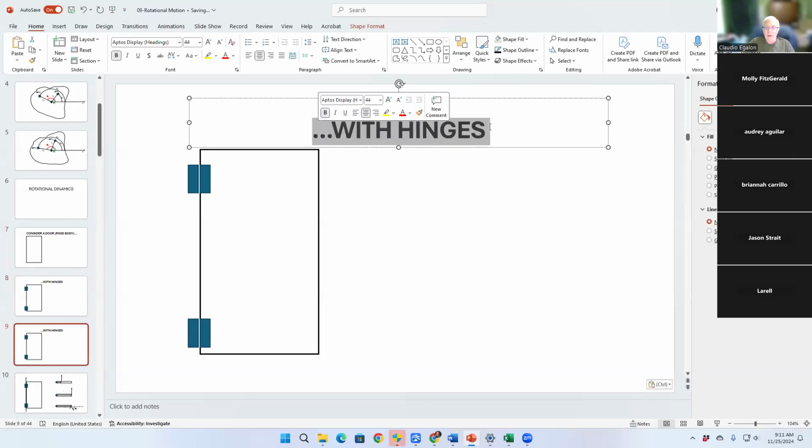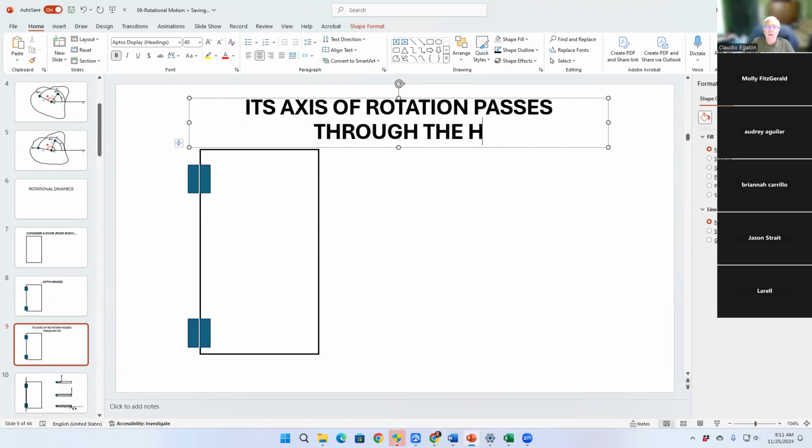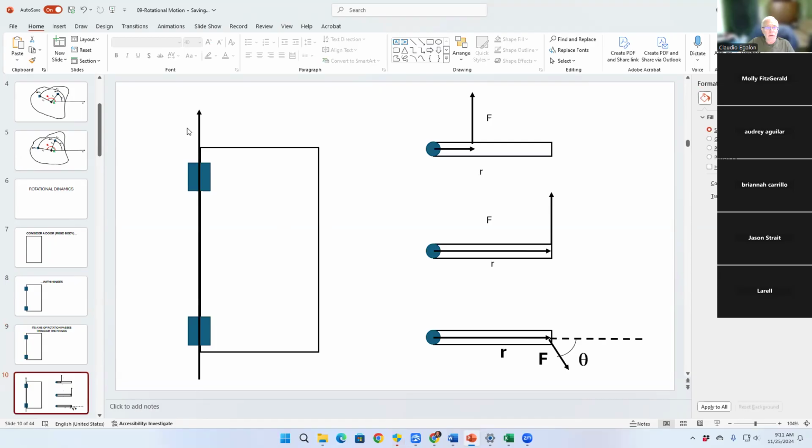Its axis of rotation passes through the hinges, and that's where I start illustrating the axis of rotation here.